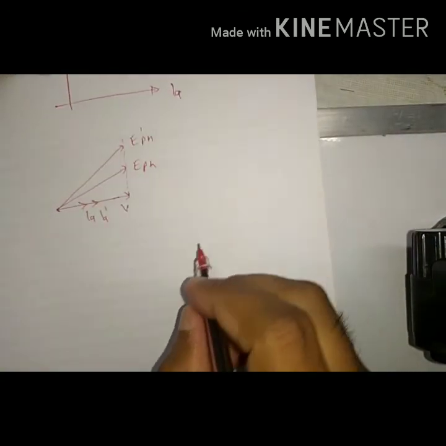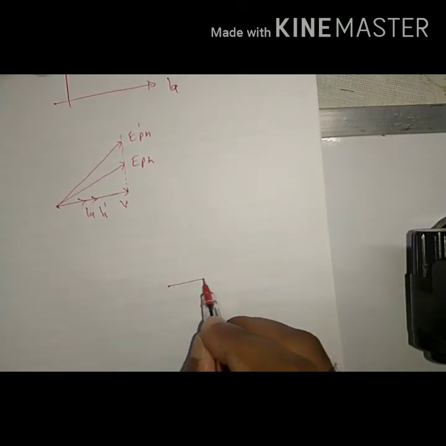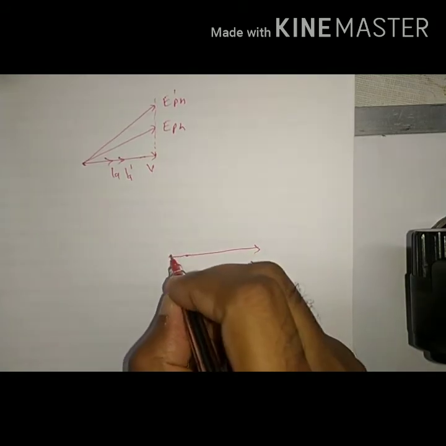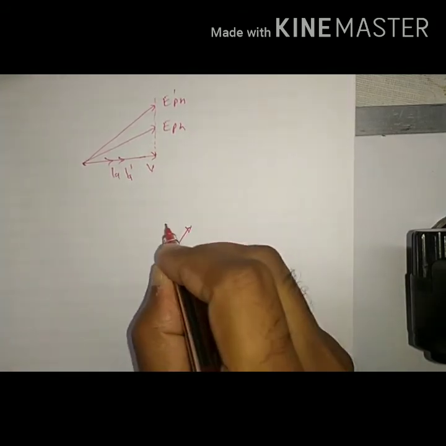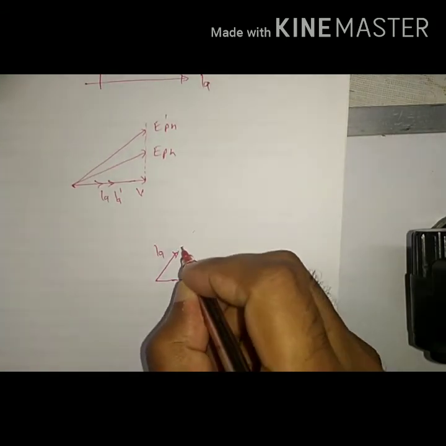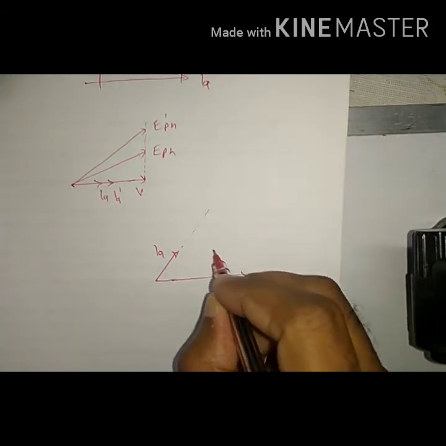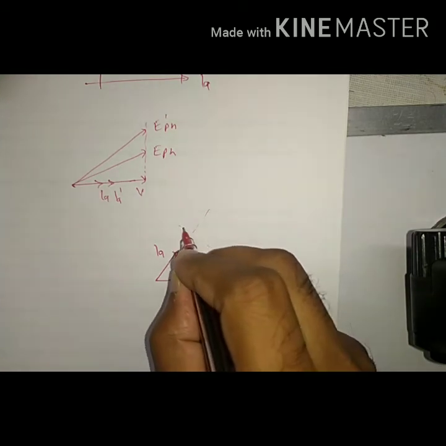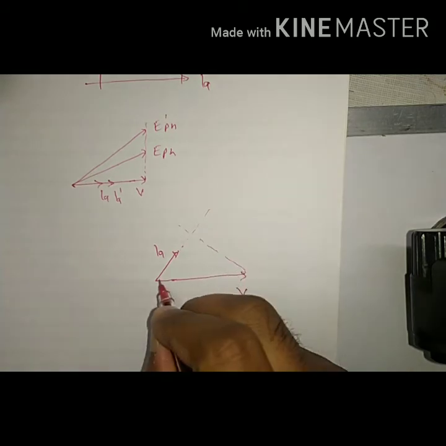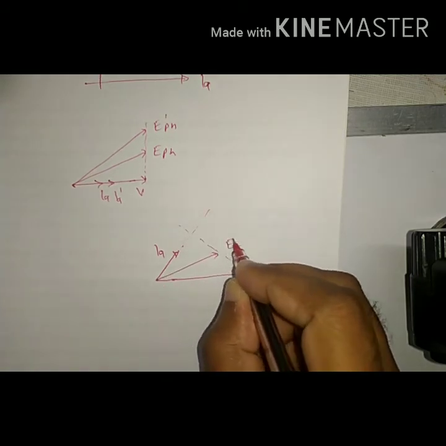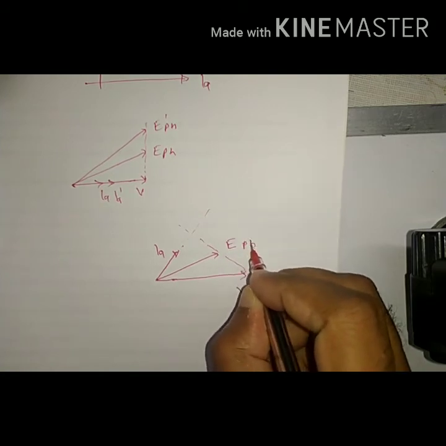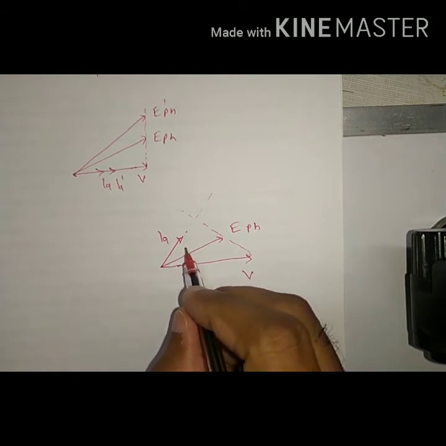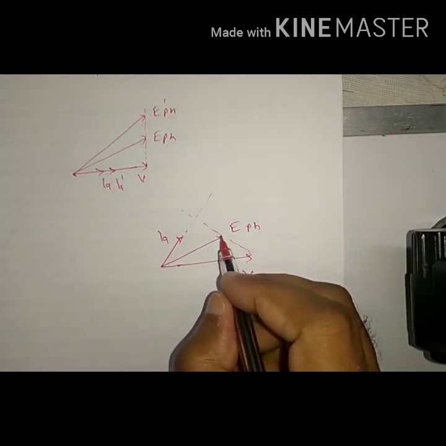Now coming to leading power factor, it is a little bit interesting. You can see it is V, and say there is a leading current IA, so the corresponding IA XS drop will be perpendicular to this leading current. This is the IA XS drop, and somewhere here we have EPH. Now if the same leading power factor load increases, current will increase to meet the demand.